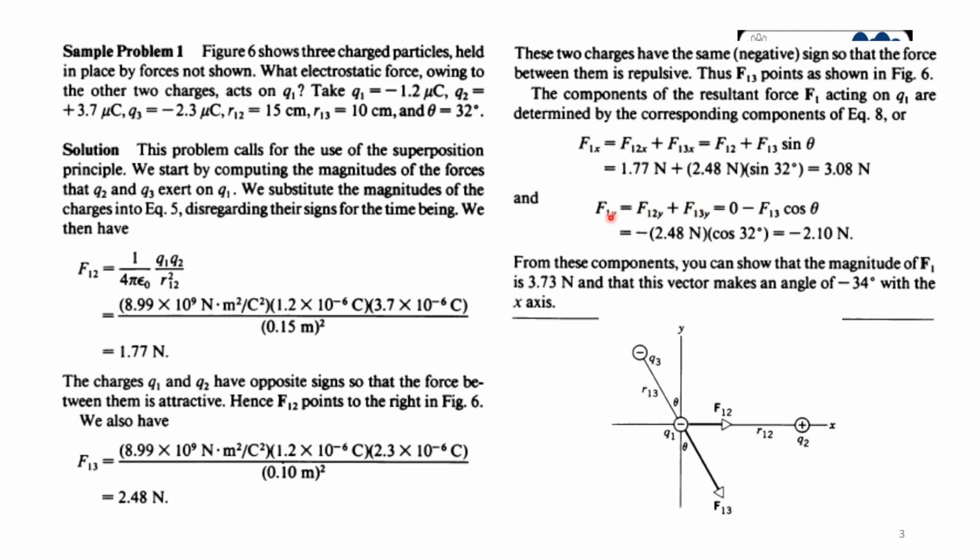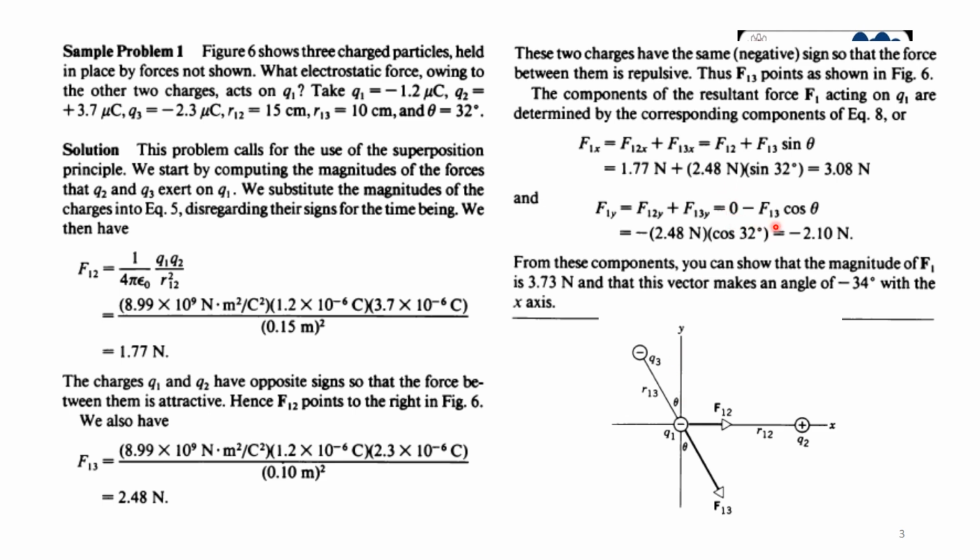And now solve the y component. F1y will be equal to F12y plus F13y, and F12y will be equal to 0. Why? Because the force vector of F12 is purely on the x axis, so the y component of F12 will be 0.